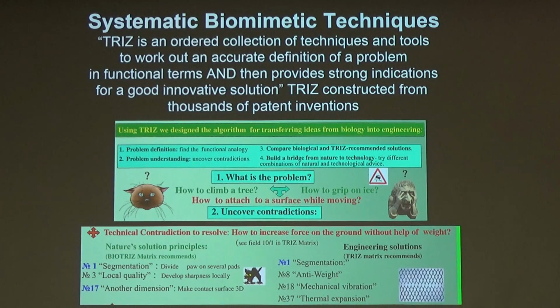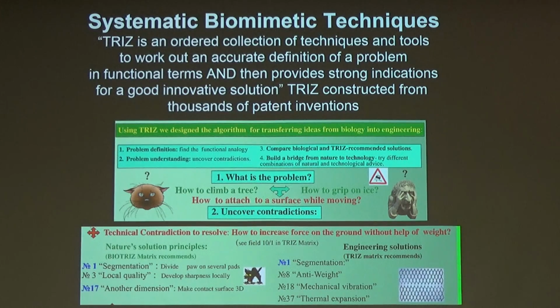So what it is, is a collection of techniques and tools to work out a definition of the problem that you have. It can be any problem. And what it does, it puts it in functional terms and then provides a way to get an innovative solution. It's a problem-solving method, and it's constructed.